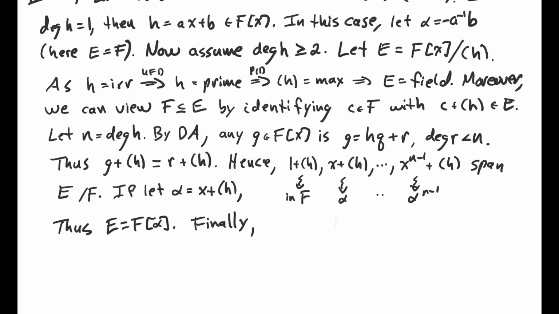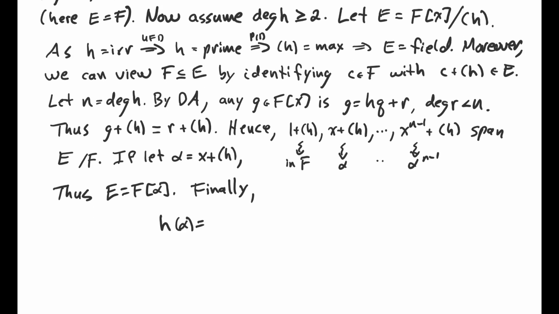All right, so to check this, we just need to plug alpha into h. And how do you do that? I mean, alpha is just like x, it's x plus the ideal. And if you plug it in everywhere and do your arithmetic in the quotient, you just get h of x plus the ideal generated by h, because again, alpha behaves just like x everywhere, but you've got this extra ideal generated by h floating around everywhere.